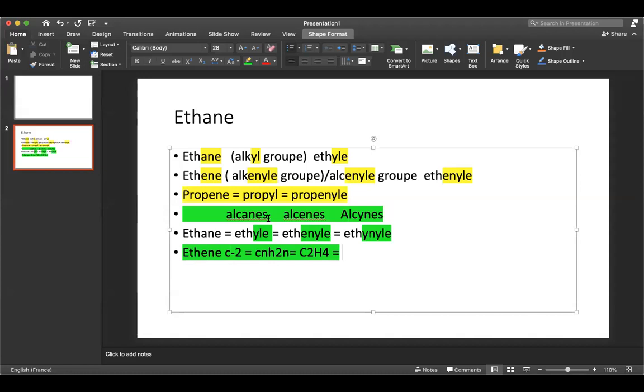So CnH2n minus one. I'm just removing one hydrogen, just showing how the hydrogen is coming out.